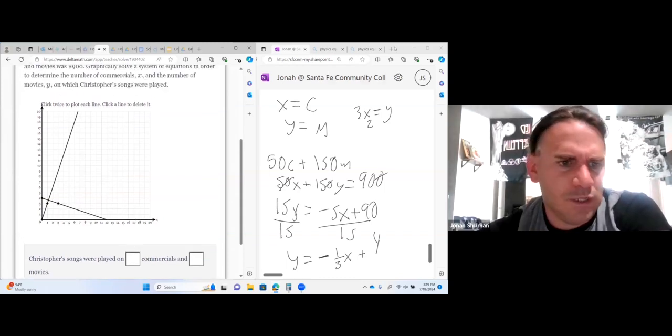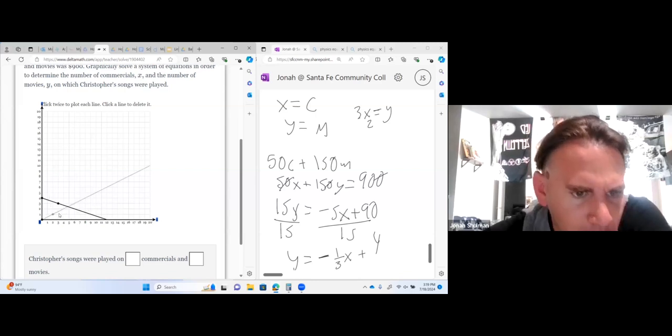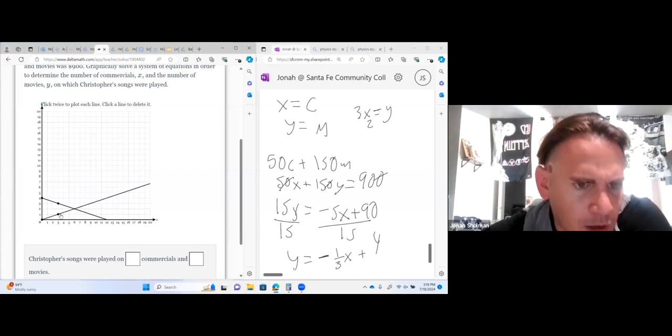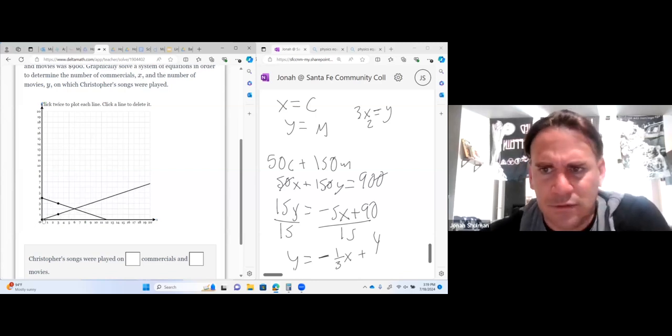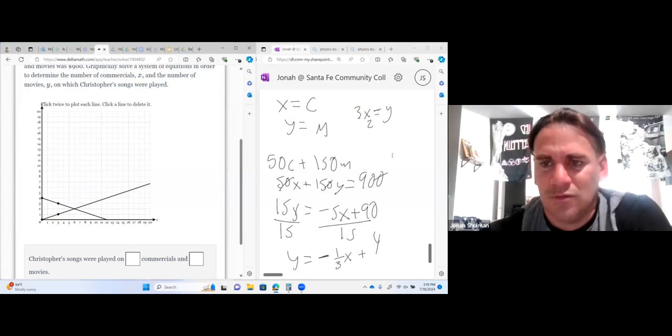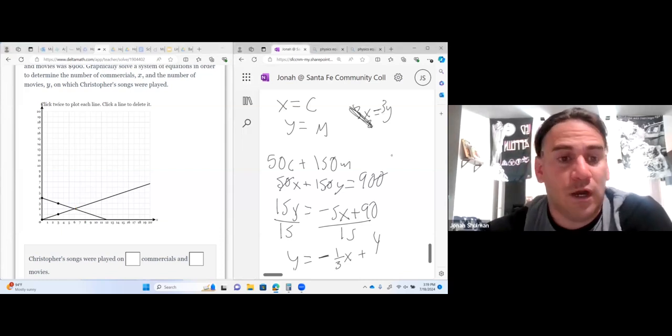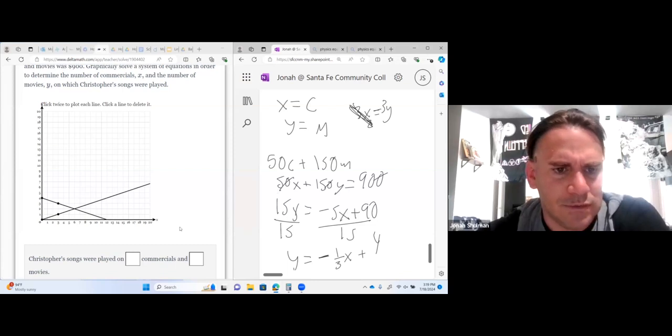That doesn't seem right. I have it backwards again. 3x, 1y. It should be rise over run, but this is, so it's this: 3y equals x. I don't know why, but it's the only one that makes sense.